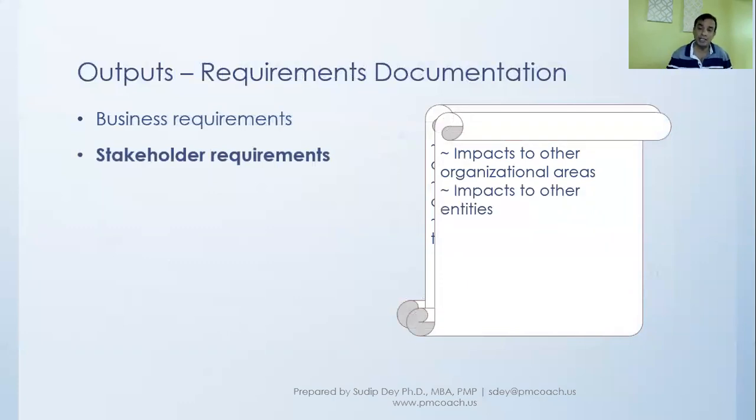Impacts to other entities. So not only our organization or the primary group that is sponsoring your project, there might be other groups within the organization, even external entities that might be impacted. So we need to understand that.